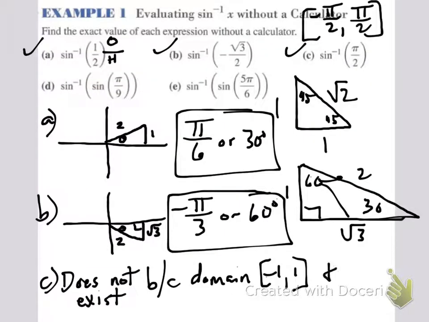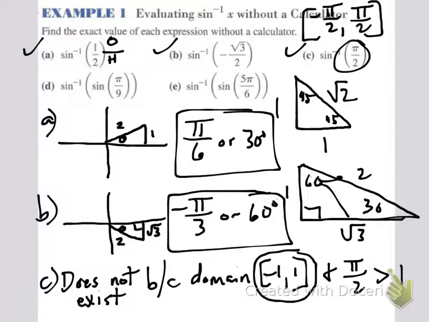And pi over 2 is greater than 1. Think about it, 3.14 divided by 2 is over 1.5. If this number doesn't fit the domain, then you can't do it. The numbers in the parentheses have to be between -1 and 1.